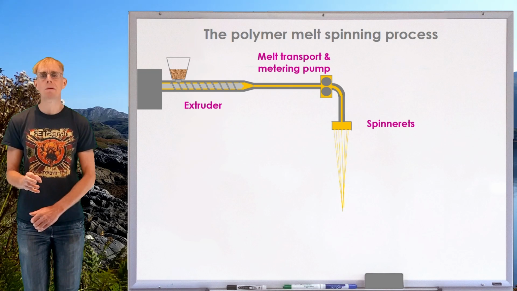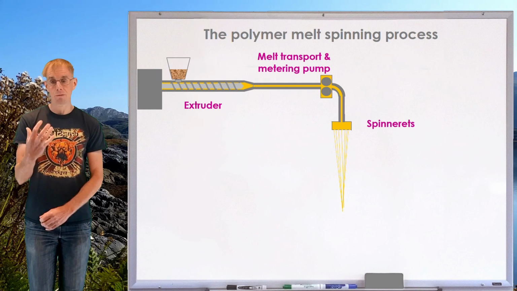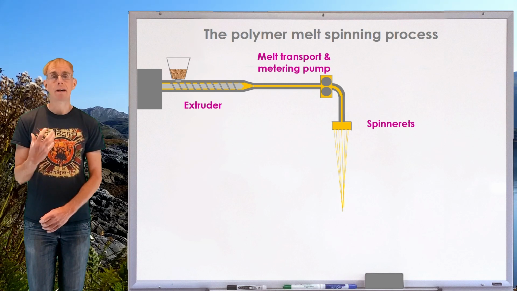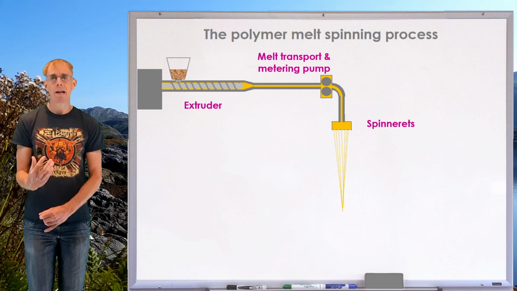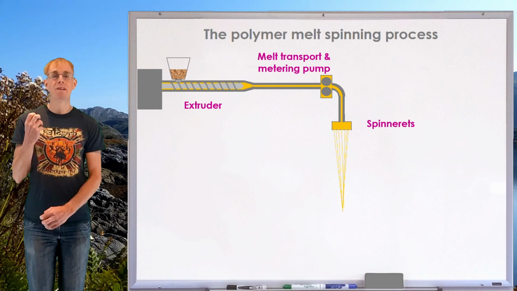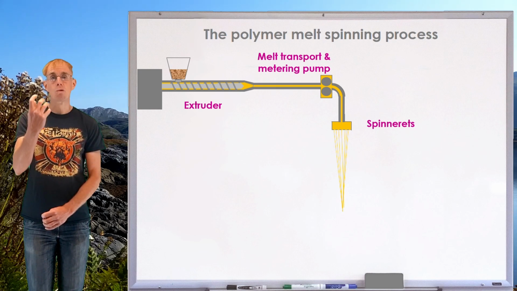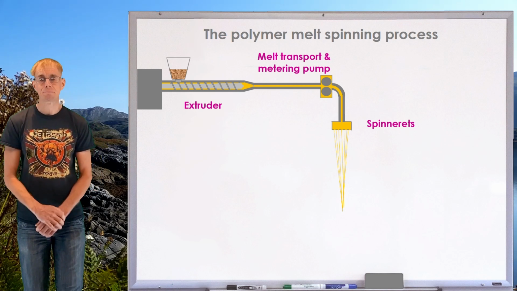Now you can imagine spinnerets by imagining a shower head. It's a device that has many, many holes in it, and out of those holes comes the fluid. Unlike a shower head, where you've got a very, very low viscosity fluid coming out and breaking up into droplets, out of a spinneret you've got a very, very high viscosity fluid which forms filaments. And these filaments are then drawn down.